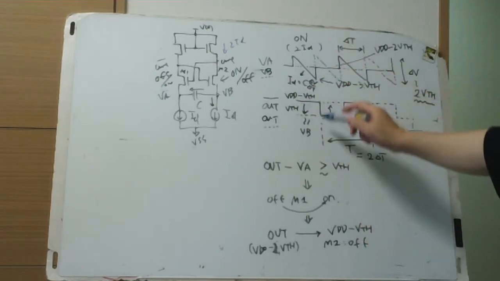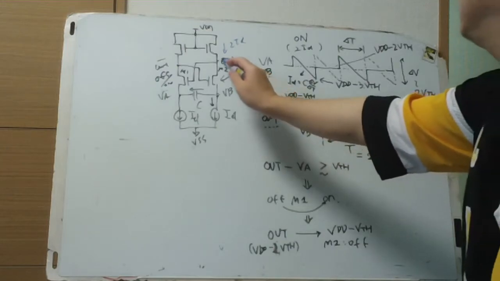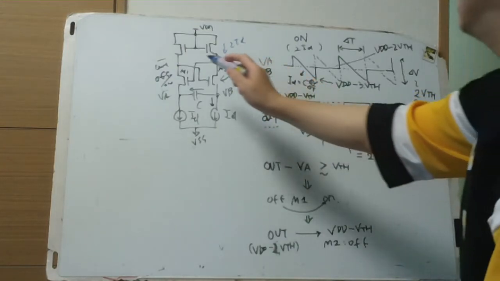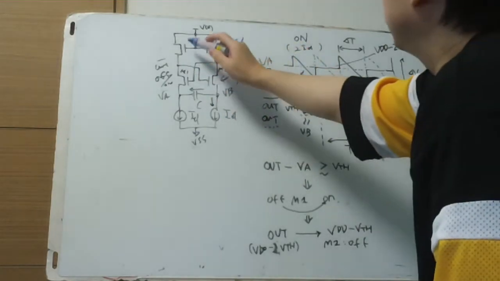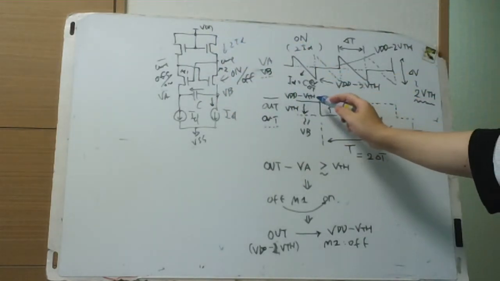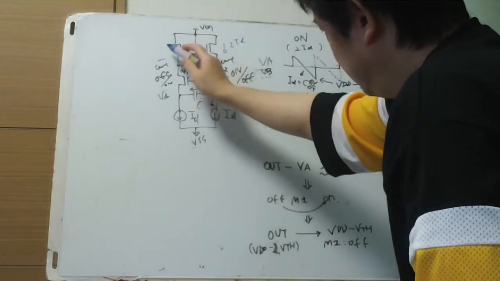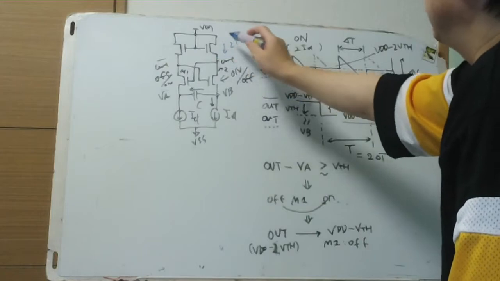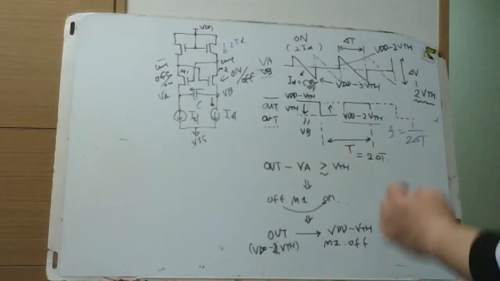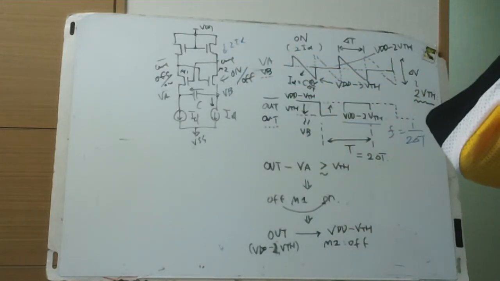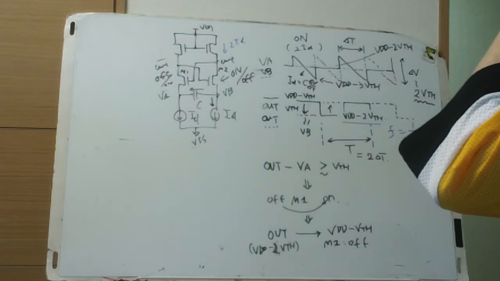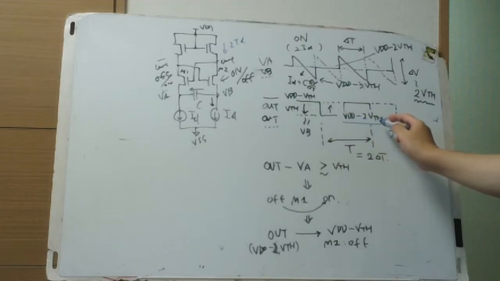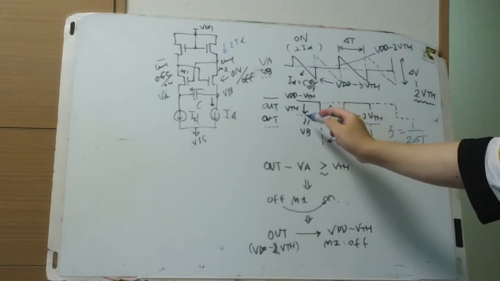In this decade, out is going to VDD minus 2 VTH, and outbar is at a voltage of VDD minus VTH. This is the weak inversion area. This is the saturated area, because out equals VDD minus 2 VTH here.